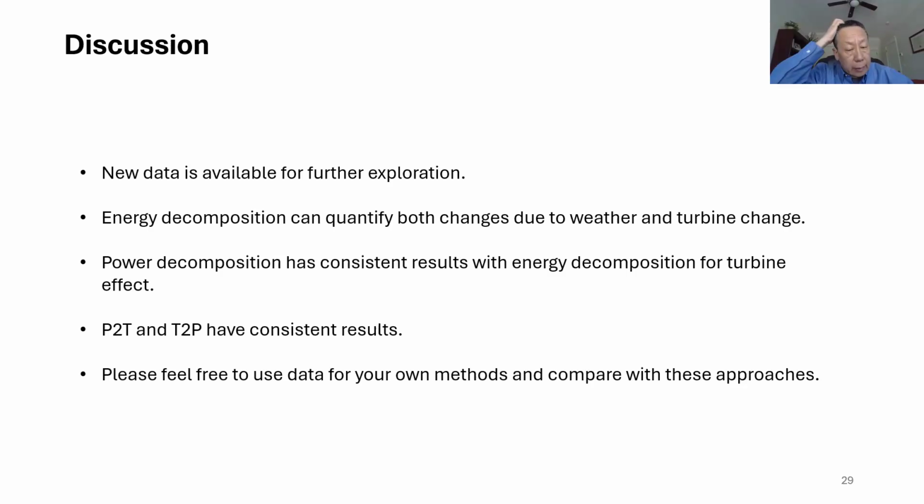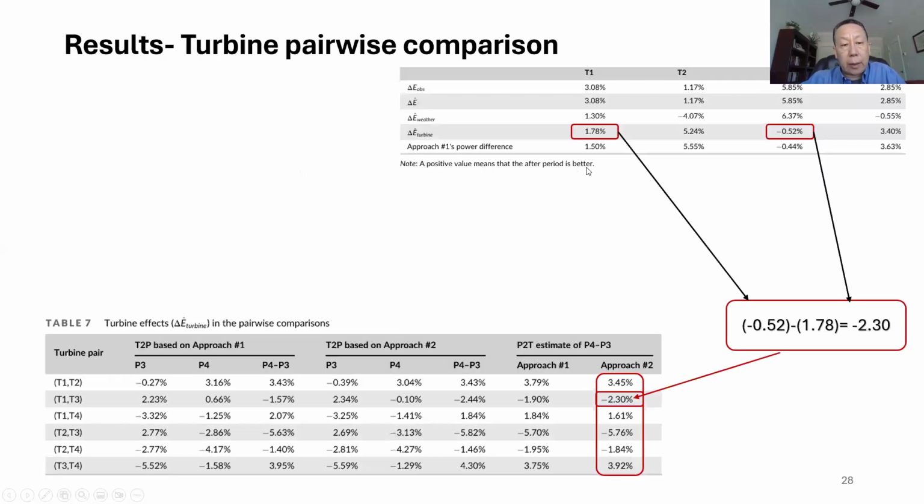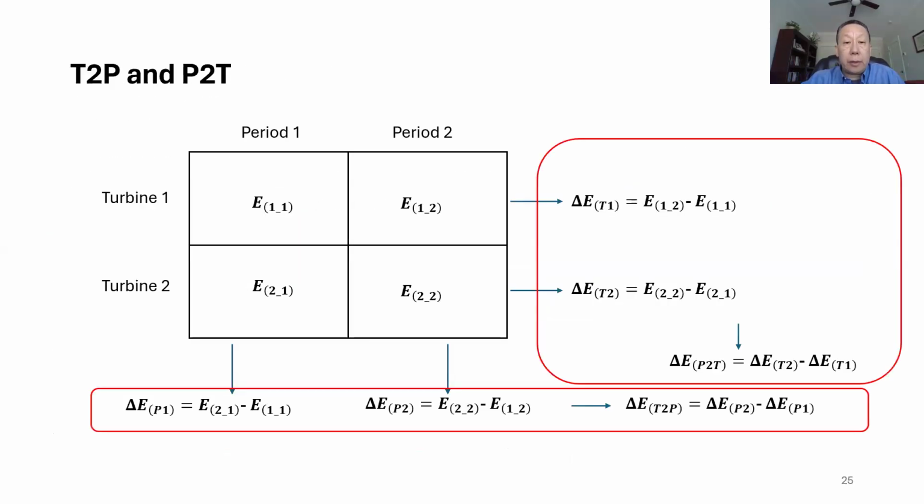Okay, thank you, Ahmad. I just want to add a comment on the later part, the so-called P2T and T2P analysis. The purpose is really to do a sanity check, right? Avoid any kind of inherent or numerical problems.